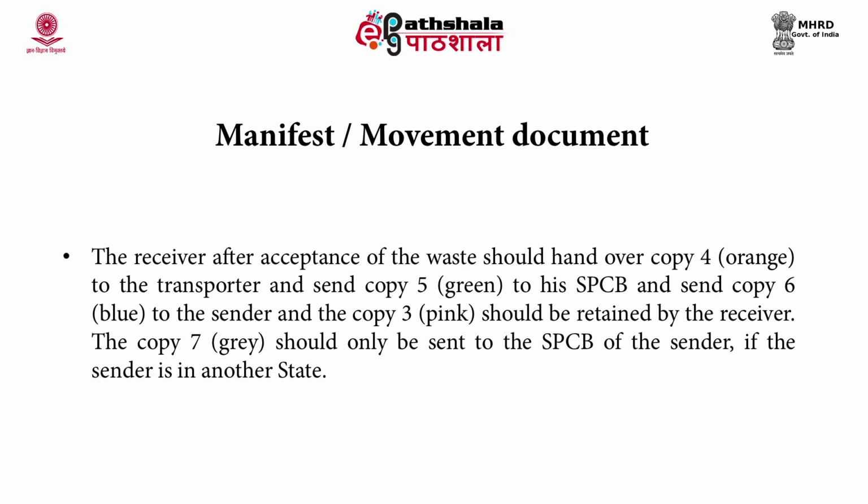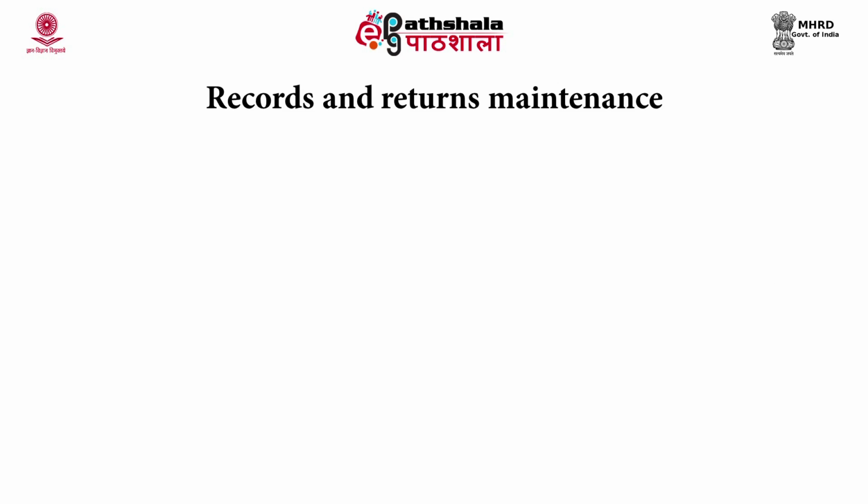The receiver, after acceptance of the waste, should hand over copy 4 to the transporter, send copy 5 to his SPCB, and send copy 6 to the sender, and copy 3 should be retained by the receiver. Copy 7 should only be sent to the SPCB of the sender if the sender is in another state.